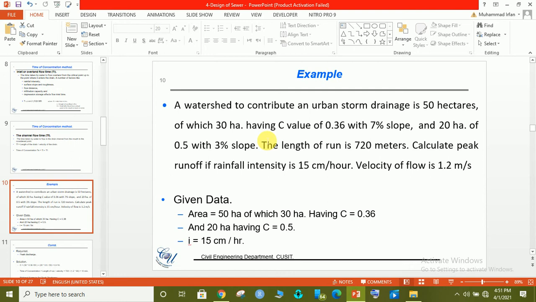You can see the area is given as 50 hectare, of which 30 hectare has C of 0.36, while the remaining 20 hectare has a C value of 0.5. The I value is given for both as 15 centimeter per hour.